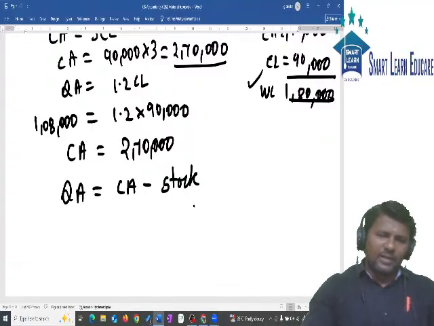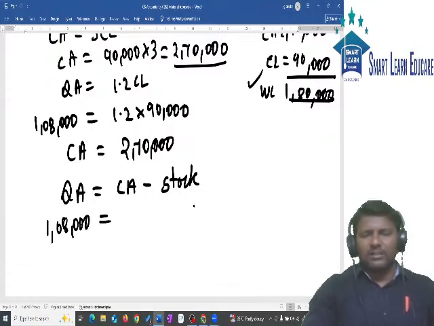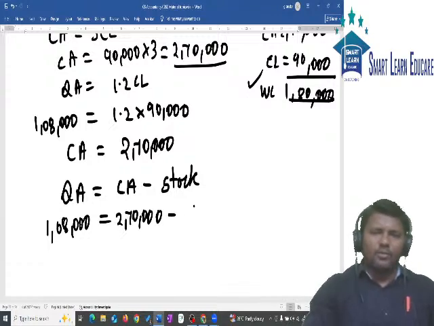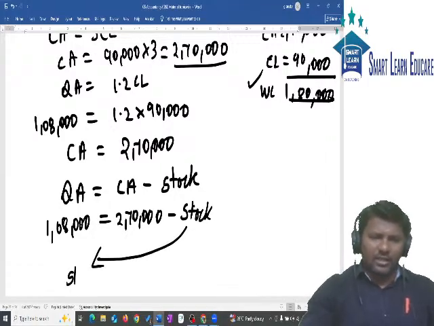Since we assume prepaid expense as 0, quick asset is equal to, what is quick asset? Quick asset, it is given as how much? 1,08,000. What is the current asset which is given? 2,70,000. Substitute the numbers. Then you will be getting the stock as a balancing figure. So minus stock, when it comes this side, it will become plus.